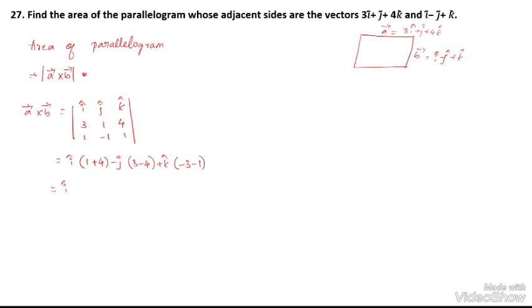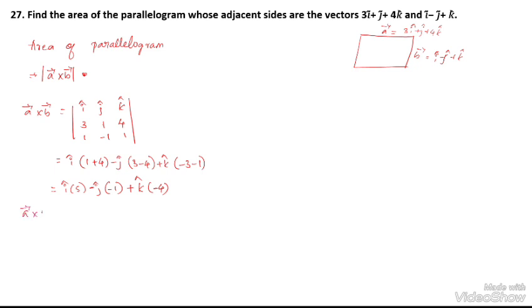Then i cap 4 plus 1, 5, minus j cap, 3 minus 4, it becomes minus 1, plus k cap, minus 4.